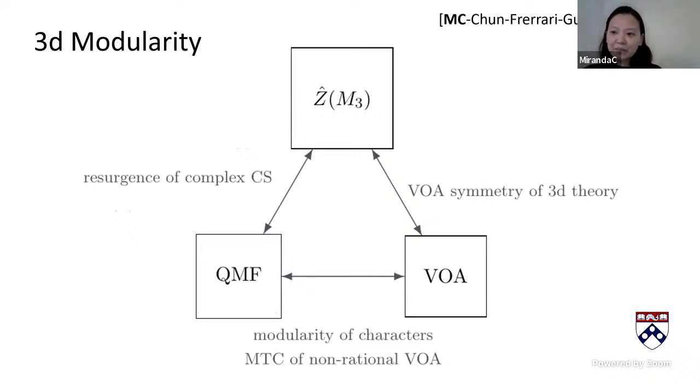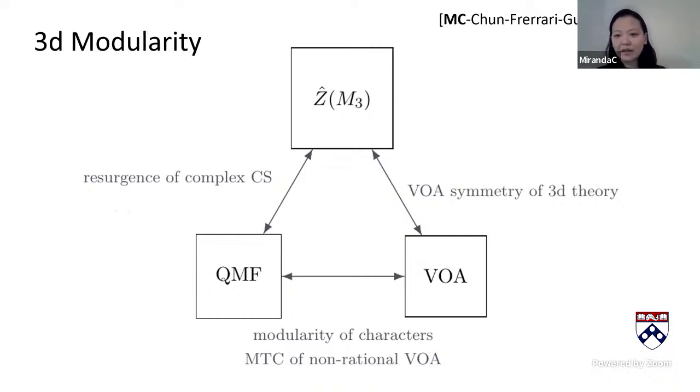And then in the paper with these wonderful co-authors in 2018, we observed that these Z-hat invariants have some very nice properties. On the one hand, we conjecture that they're given by some kind of quantum modular forms, and we will give specific examples that are proven.